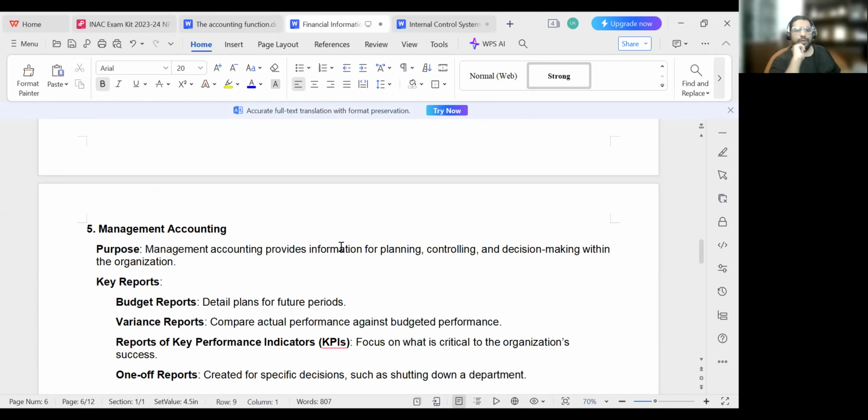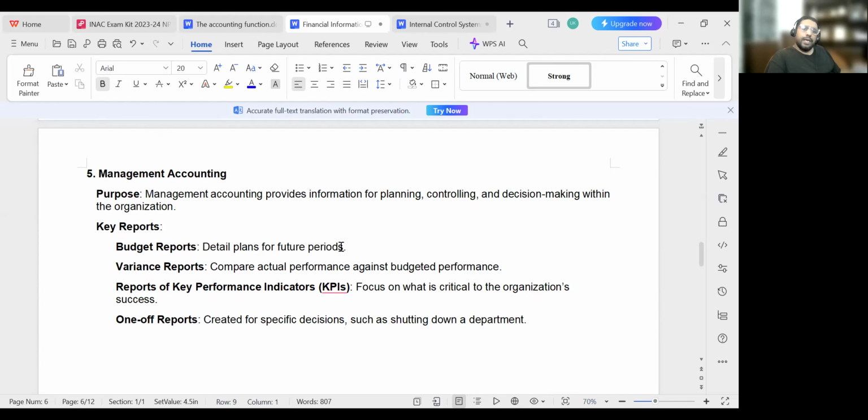Management accounting is more concerned with helping the management run the company. Management needs information to run the company. Let's say a company is in the process of launching a new product. They have to set the price of that product.